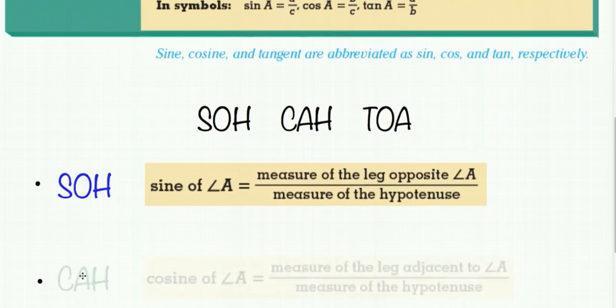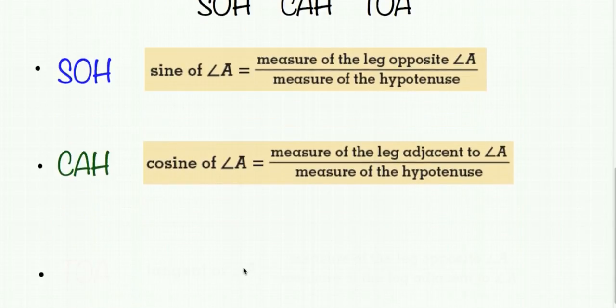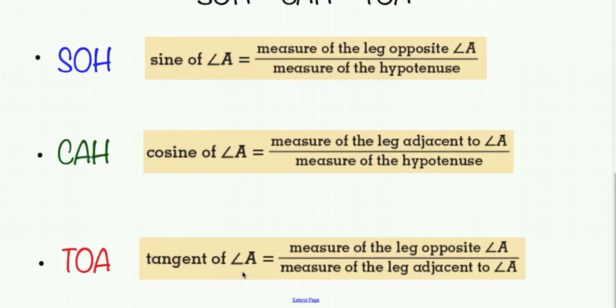CAH, our cosine ratio, is the measure of the leg adjacent over the measure of the hypotenuse. So cosine is C, A is adjacent, H is hypotenuse. And TOA is our tangent ratio, which is the measure of the leg opposite over the measure of the leg adjacent to angle A. So tangent is T, O is opposite, and A is adjacent.